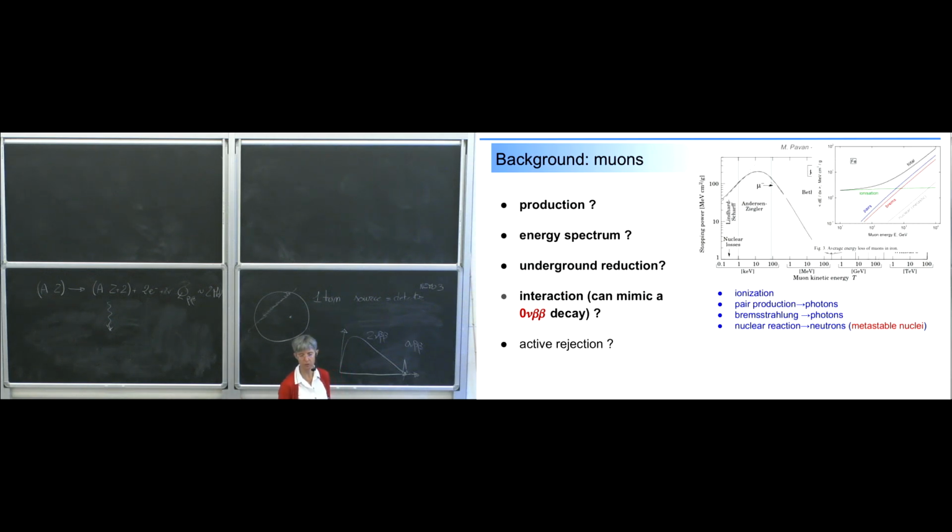This is something similar to what happens when cosmic rays interacting in the atmosphere produce what we call cosmogenic radioisotopes. Because it may happen that a metastable nucleus is produced and its decay gives rise to a signal in here.